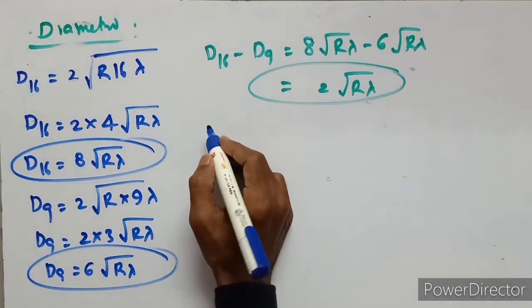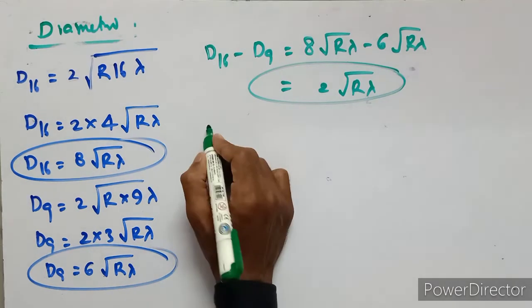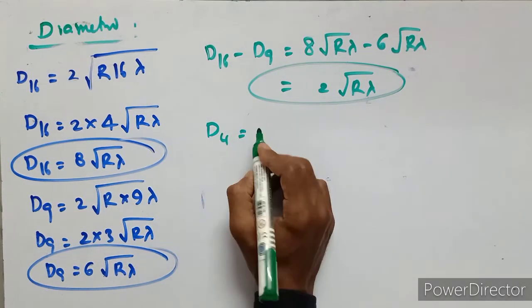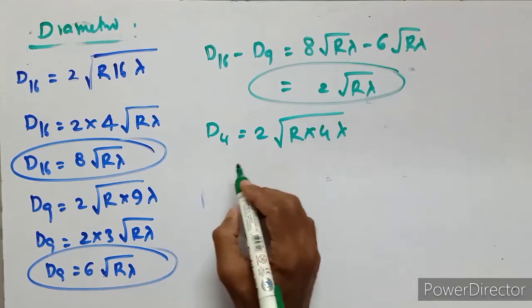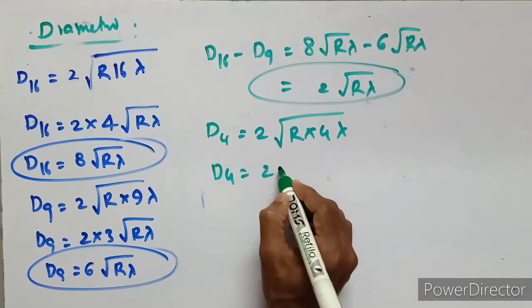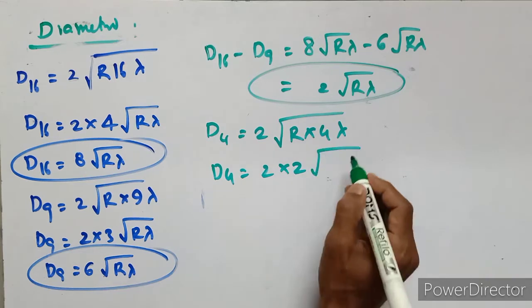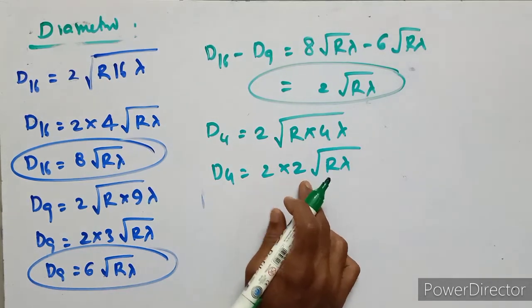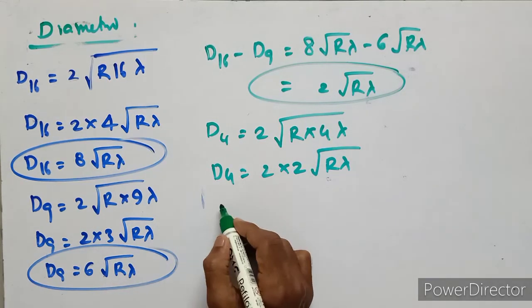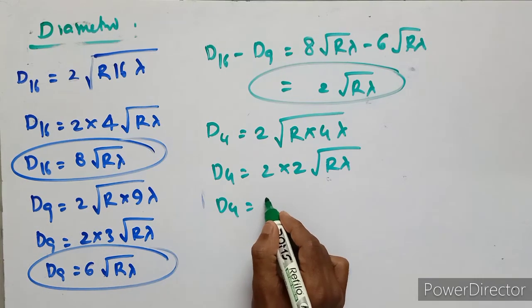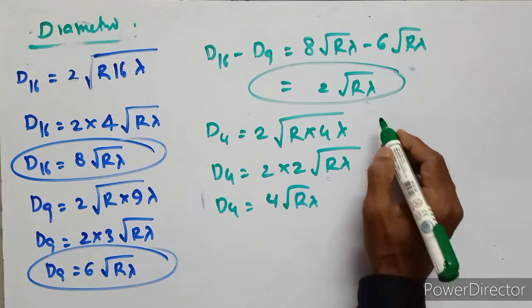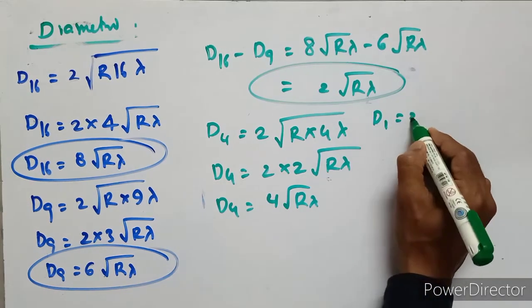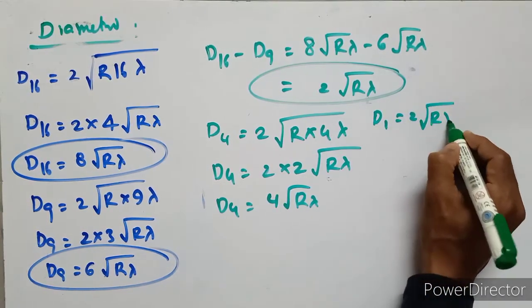Next, the diameter of the fourth ring: D4 = 2√(R·4λ) = 2 × 2√(Rλ) = 4√(Rλ). Similarly, D1 = 2√(Rλ).